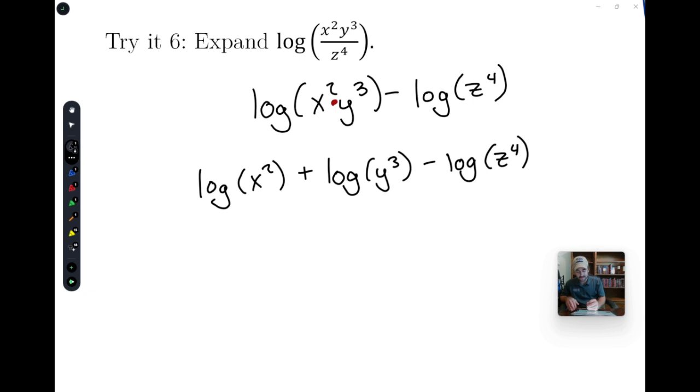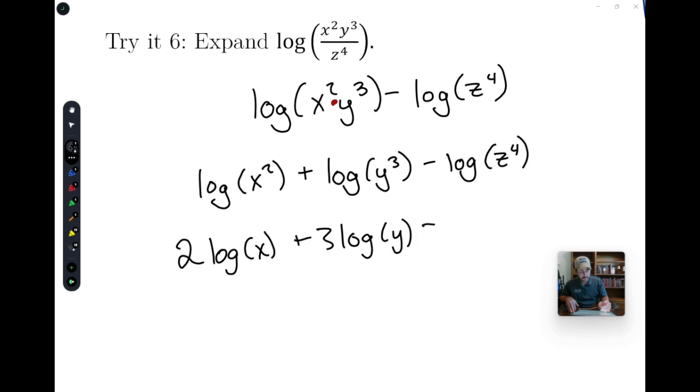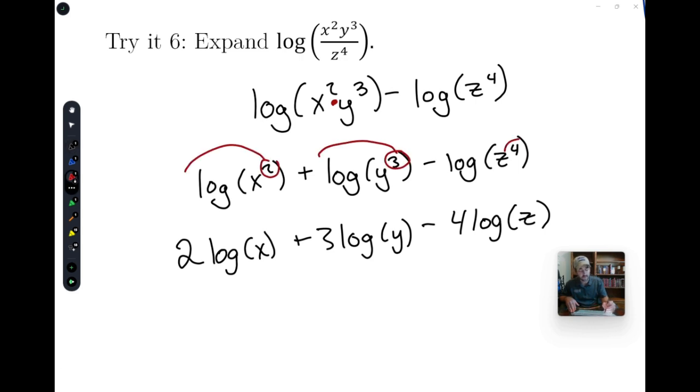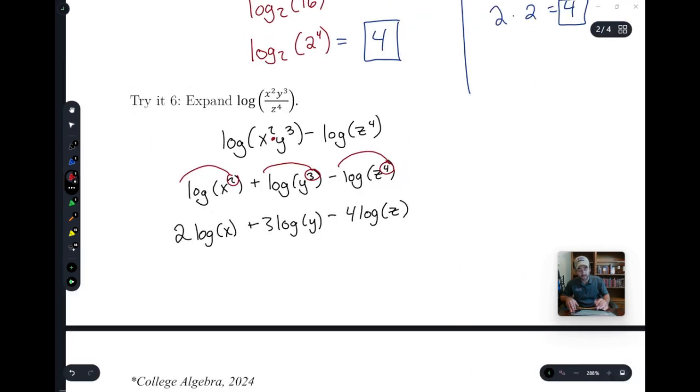Bring those exponents out to the front, and we've got 2 log x plus 3 log y minus 4 log z. So that used all three properties there. That used the exponent property, or the power rule, used the product rule, and it used the quotient rule.